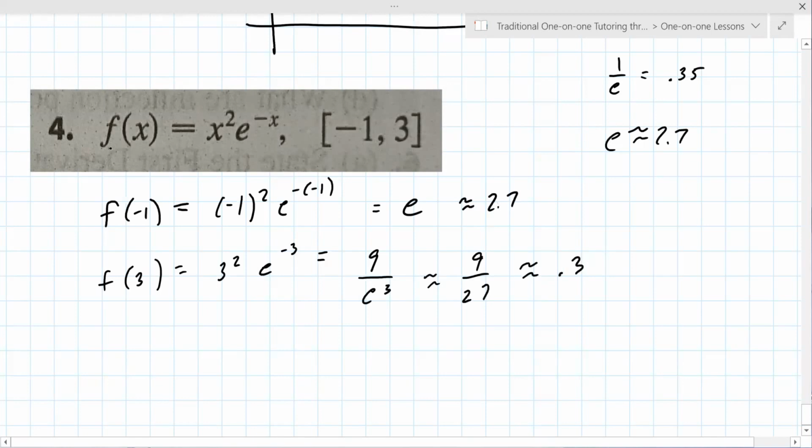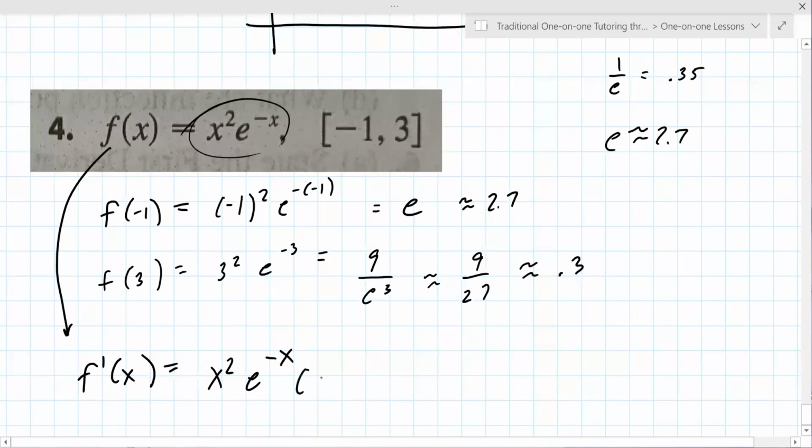Okay. Now you get to take a derivative. What is the derivative rule that you see here? Product rule. So it's x squared, derivative of e to the minus x is itself, but then you have to multiply by -1 because that's the chain rule part of it. Right.